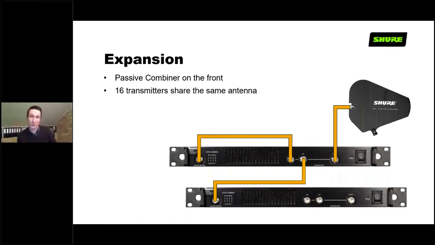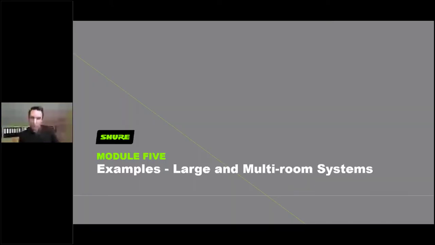That's where I really advise picking an appropriate unit that can handle the level and the number of frequencies all being combined at the same time. So we can use a system like this easily to expand onto larger systems. That gives us an idea about our rule of thumb of 3 antennas.